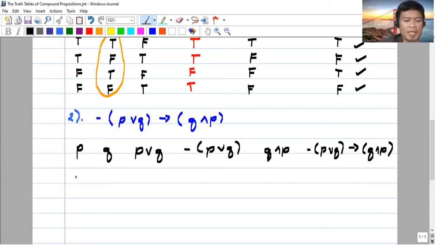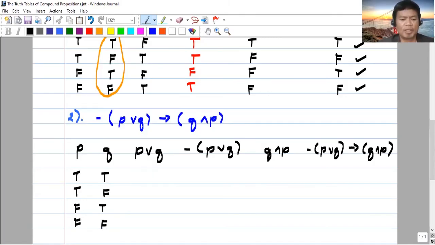Okay, so assigning our truth values for P, we have true, true, false, and false. In our Q, we have true, false, true, and false. And for our P or Q, again, the disjunction of propositions P or Q is false when both the propositions P and Q are false.